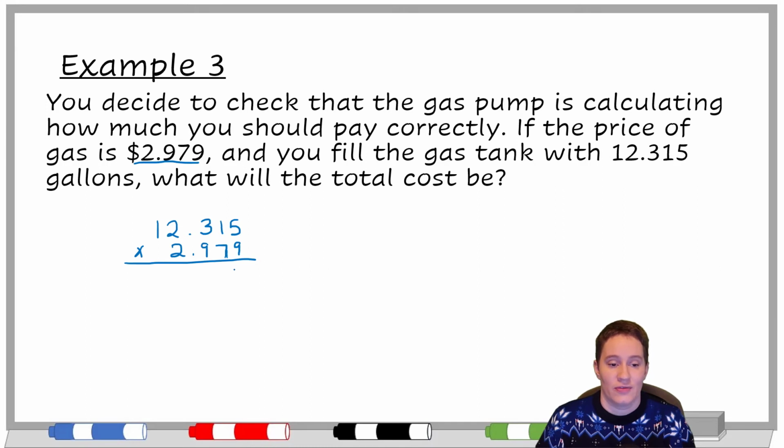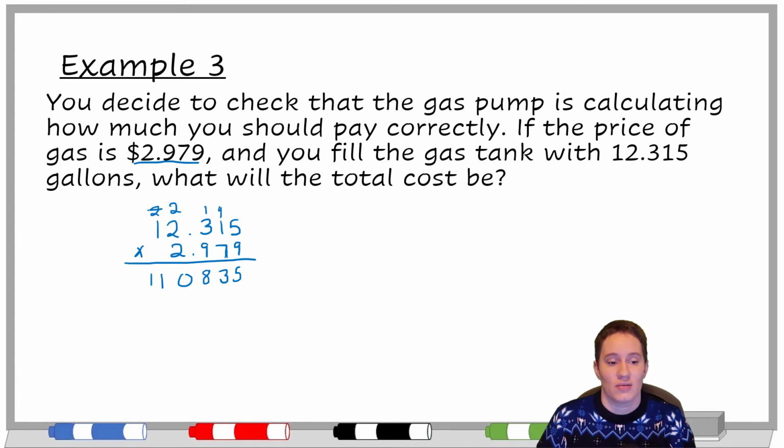9 times 5, 45. Carry our 4. 9 times 1 is 9, plus 4 is 13. 9 times 3 is 27, plus 1 is 28. 9 times 2 is 18, plus 2 is 20. 9 times 1 is 9, plus 2 is 11.